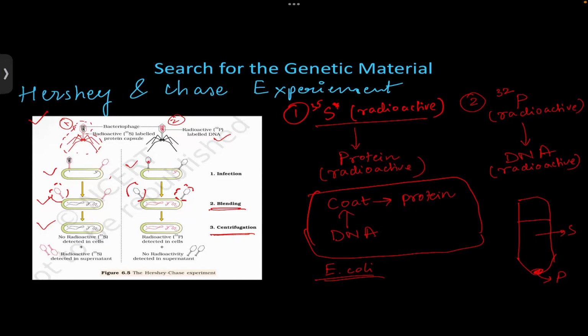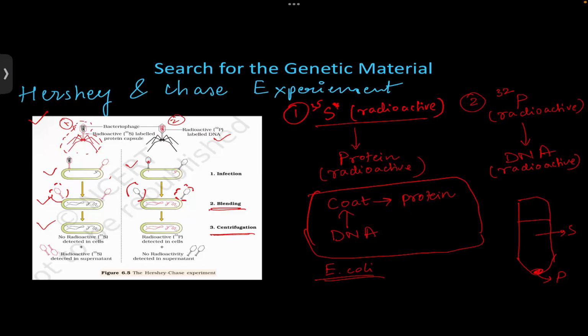So what they found? They found that in the supernatant of the first group, the viral coat would be there, and that viral coat would be radioactive in nature, because in the first group, the bacteriophage were grown in the presence of radioactive sulfur, and the sulfur got integrated into the protein.